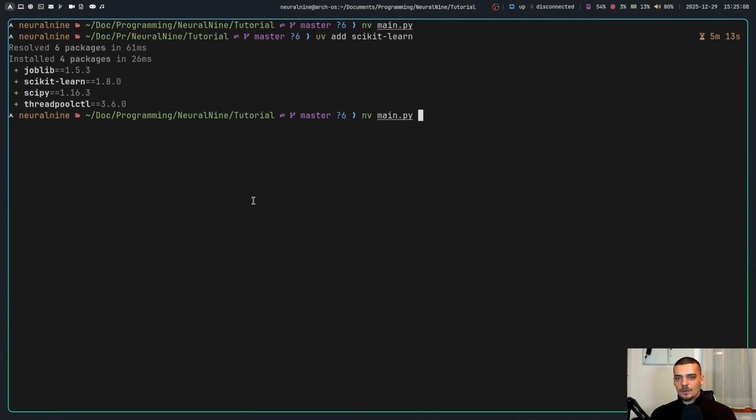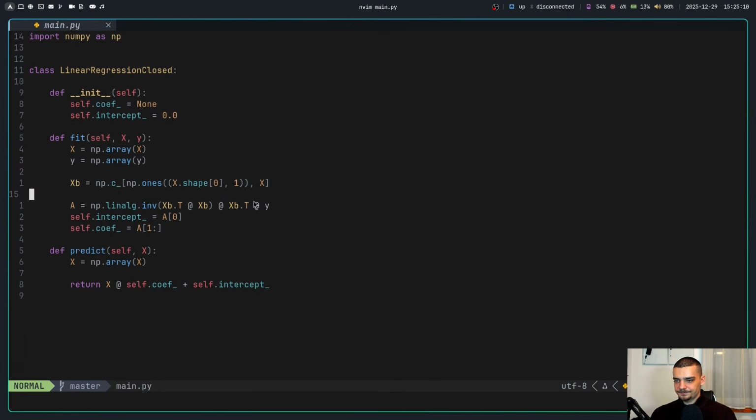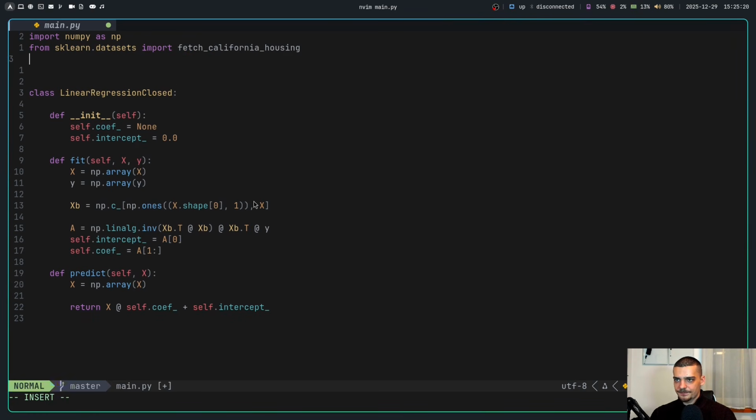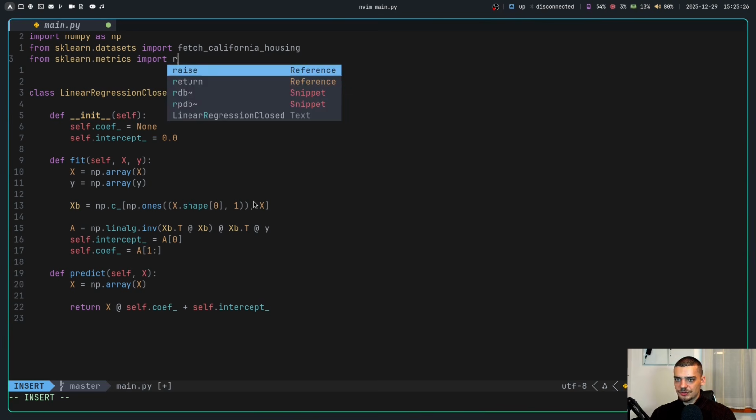And then what I'm going to do is I'm going to say at the very top, from sklearn.datasets import fetch_california_housing. From sklearn.metrics, I'm going to import the R2 score or R squared score.